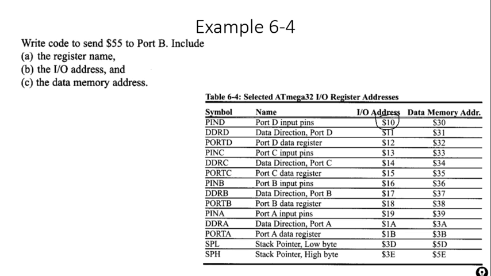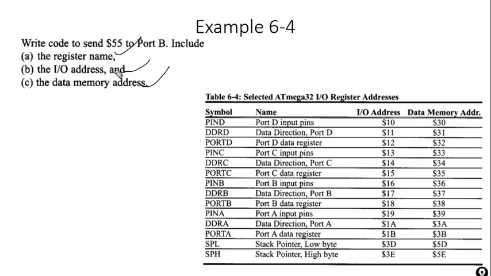So question here, let's solve this example before going to the next addressing mode. Write a code to send 55 hexadecimal to port B in 3 different ways: the register name, the IO address, the data memory address.